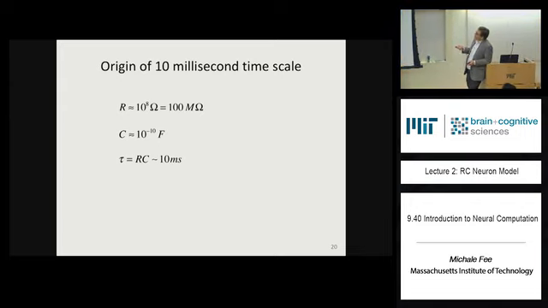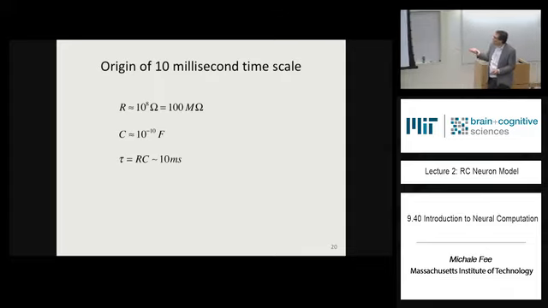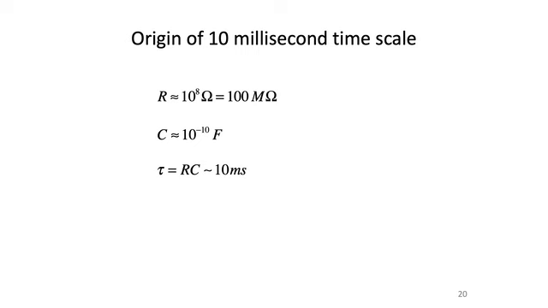You multiply those two together, and you get a time constant of about 10 milliseconds. What that means is if you inject current into a neuron, it takes about 10 to 100 milliseconds to fully respond to that step of current. The voltage will jump up and relax to the new V infinity in about 10 to 100 milliseconds. So let's take a closer look at what this resistance and capacitance look like in a neuron.